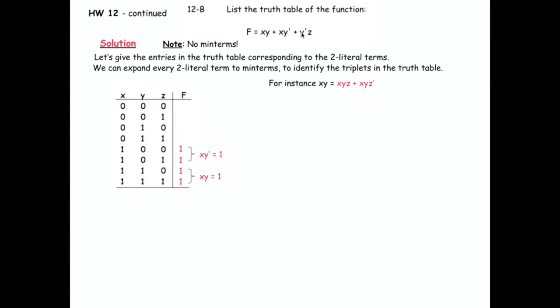Now the last one, we have complement of y and z, right? So x is not there. So who can tell me which 2 rows we'll be looking at? Complement of y and z. And you can name the rows by their number, like 0, 1, 2, 3, 4, 5, 6, 7.